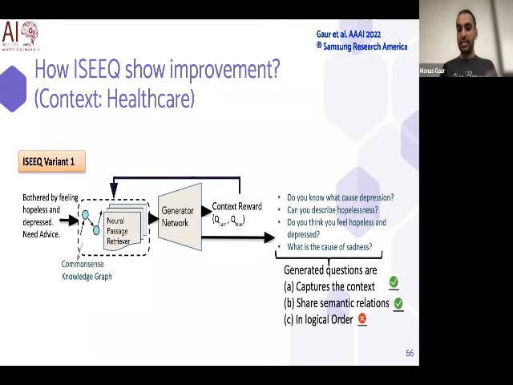Context is already there with the neural passage retriever, but the logical ordering is still not there. As I said in the very beginning of the tutorial today, logical ordering is not there in a knowledge graph. A knowledge graph is not a logical order resource. So you need a separate resource that can actually introduce logical ordering.